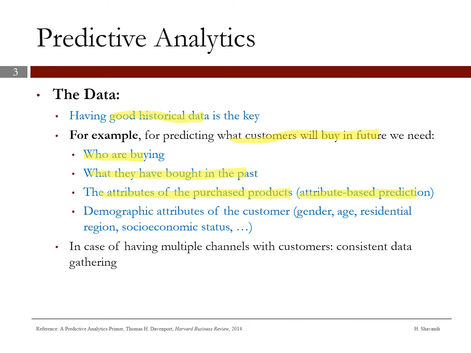And also, it's much better to have the demographic attributes of the customers, like gender, age, residential region, socioeconomic status, and so on. Based on these demographic data, we can segment our customers, and then based on the behavior of each segment, we can recommend common products to a new customer who belongs to one of the segments.